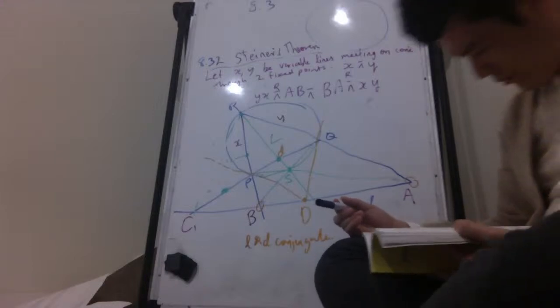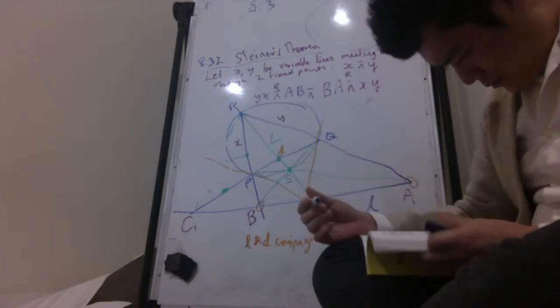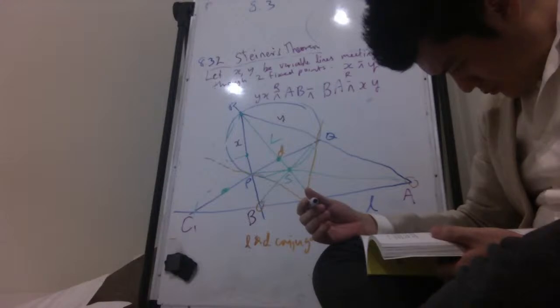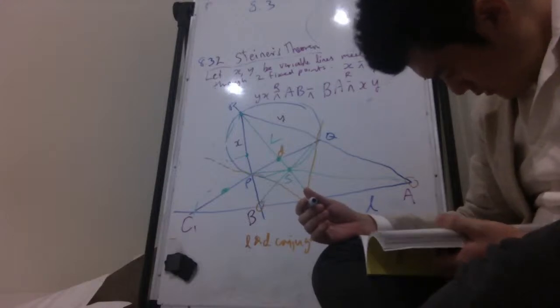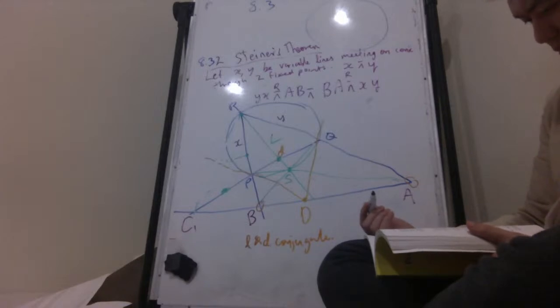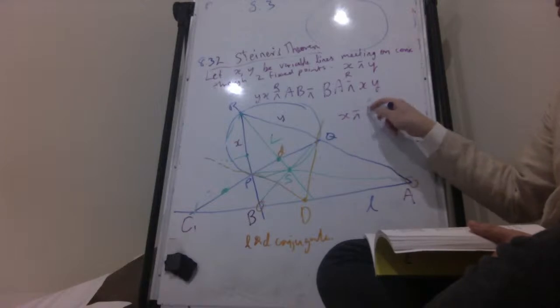The way they wrote it was this: you need R to be on the conic for it to work, because you need the previous theorem.